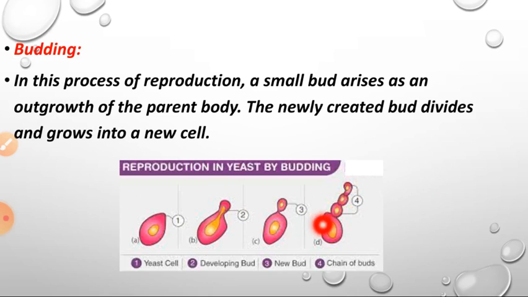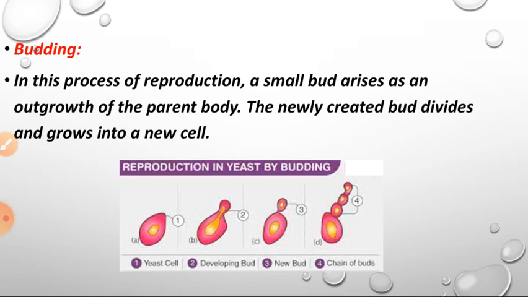So this is the parent cell and these are the child cells. So after the new bud, these buds will be released from the parent, and these buds will become a new plant. So what is the budding process?